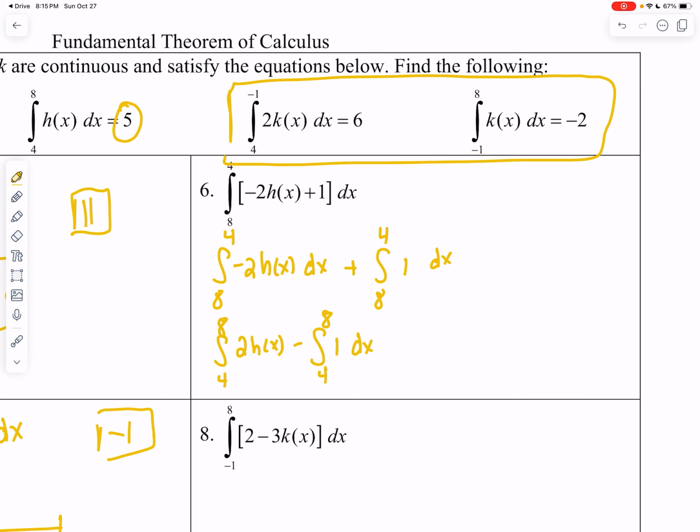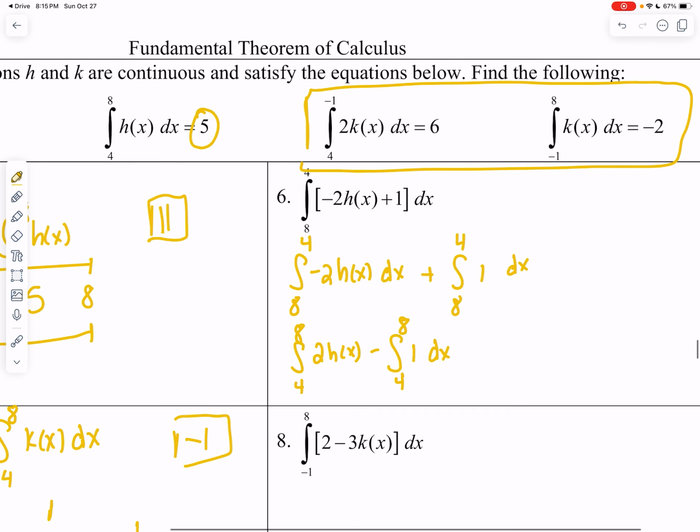Okay, now we know from this right here that the integral from 4 to 8 is 5. I could move this up front. So I'm going to have 2 times 5 for this one right here.